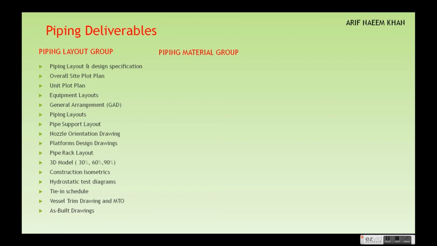Then the piping material group, starting from MSR and MSDs, materials selection report and material selection diagram. They have to perform pipe wall thickness calculations and reinforcement pad calculations, then prepare the piping material specification, valve data sheets, the special item list and special item data sheets.